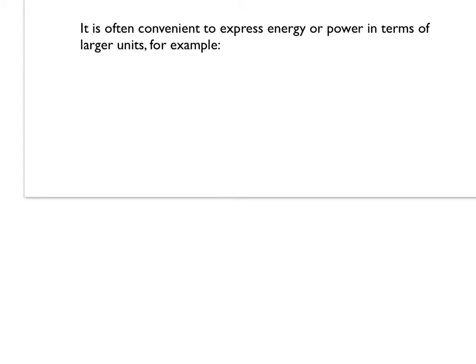Because we're usually dealing with larger units when we're dealing with power, it's often convenient to express energy or power in terms of these larger units. So let's just review some of these. So 1,000 joules is equal to 1 kilojoule. And in terms of power, 1 kilojoule per second is equal to 1 kilowatt.